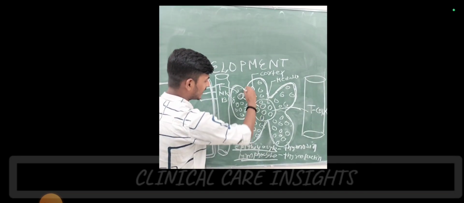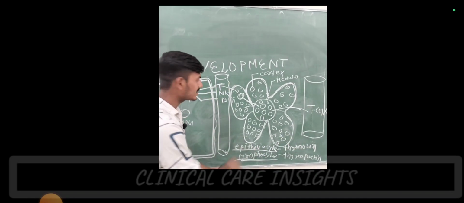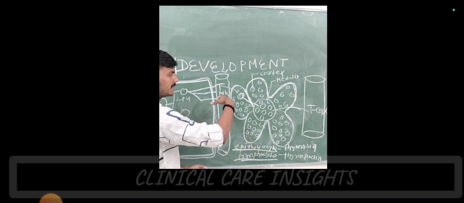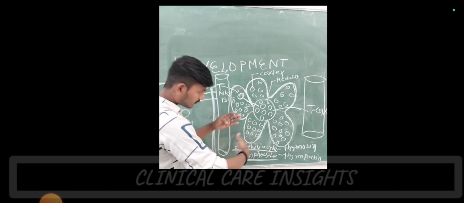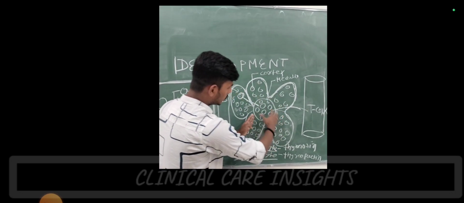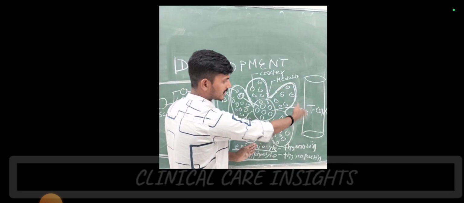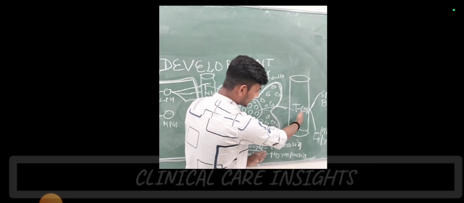These epitheliocytes secrete substances such as thymosin and thymopoietin. These work on the T lymphocytes, making them processed, making them specialized, and sending them into the medullary region. From the medullary region, they again migrate into the circulation.